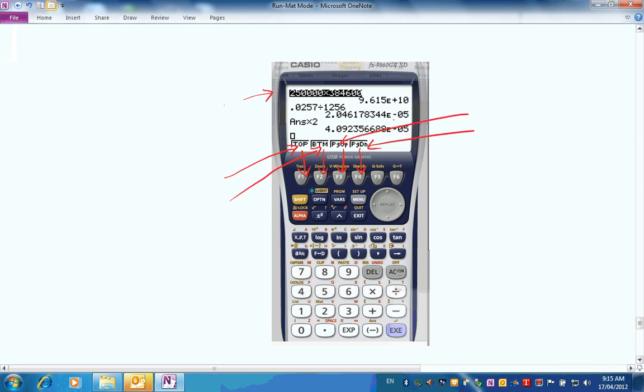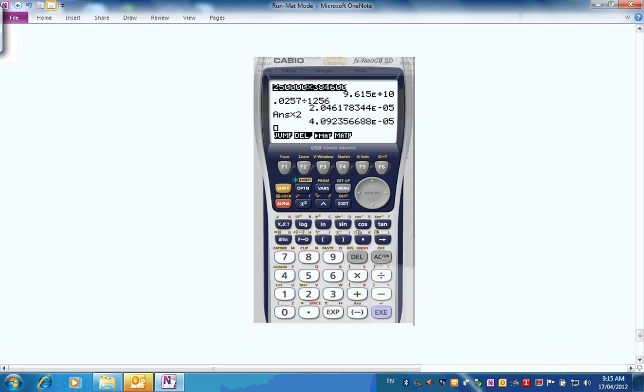So I'd like you now to hit exit and return to our original screen. So if you hit exit now, go back to that screen, you can see here also you can choose delete by hitting F2. So I'd like you to do that now.